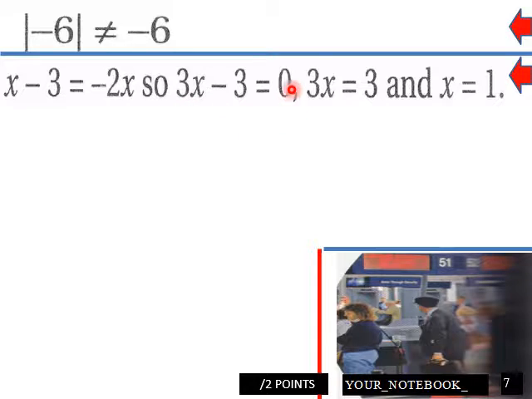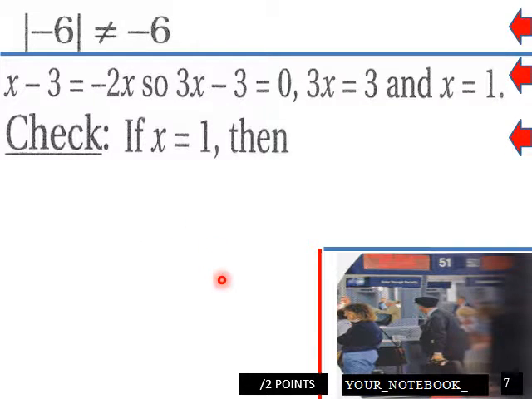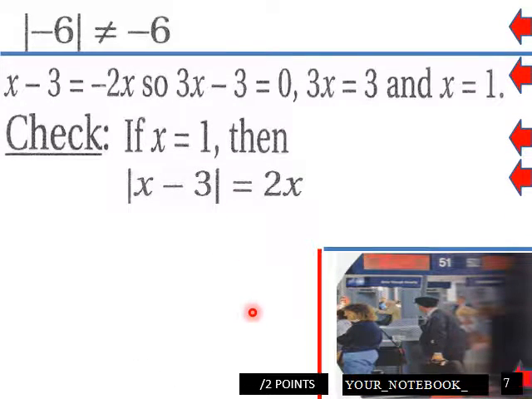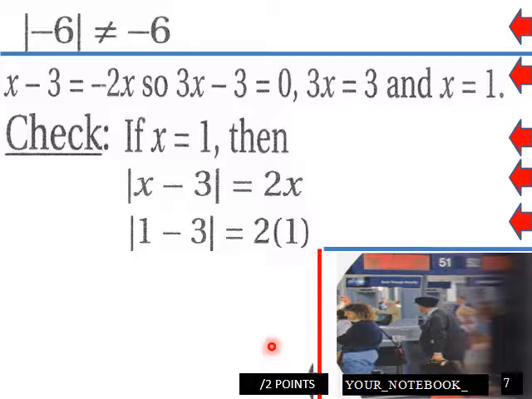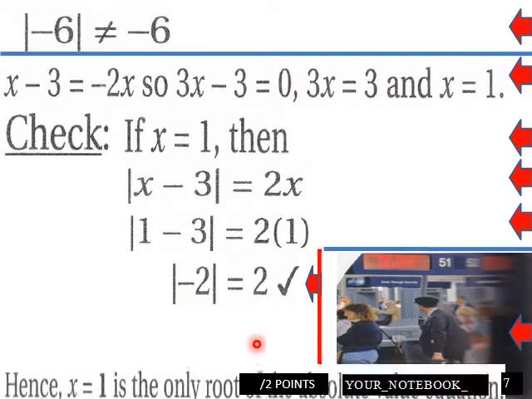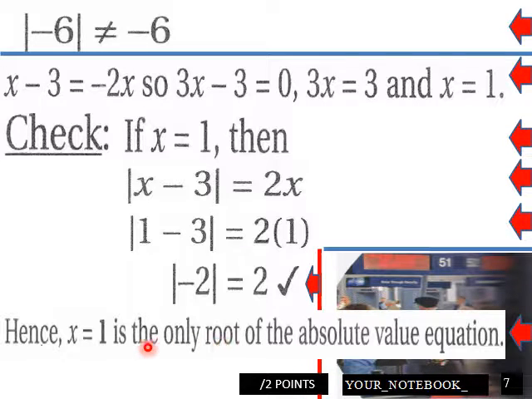So 3x minus 3 equals 0, 3x equals 3, and x equals 1. It would not equal a negative; it would have to be x equals 1 for this situation. So we check that. If x equals 1, then x minus 1 equals 2x, and the absolute value of -2 does equal 2. Hence, x equals 1 is the only root of the absolute value equation.